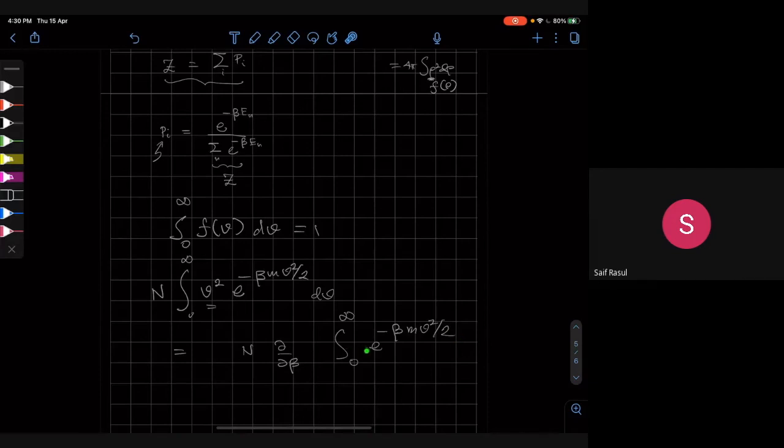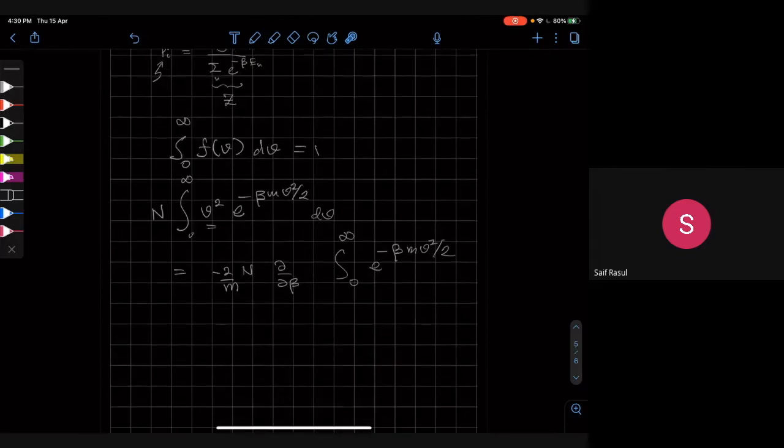I'm going to keep the v squared here so that I can do this integral, but I'm bringing down this factor of minus m by 2, so I have to multiply by the inverse of this. So I multiply by minus 2 by m, okay? But this is an integral we know how to do. That's just a Gaussian integral.